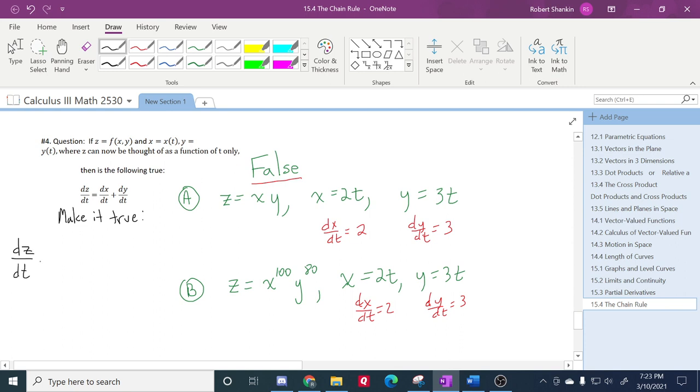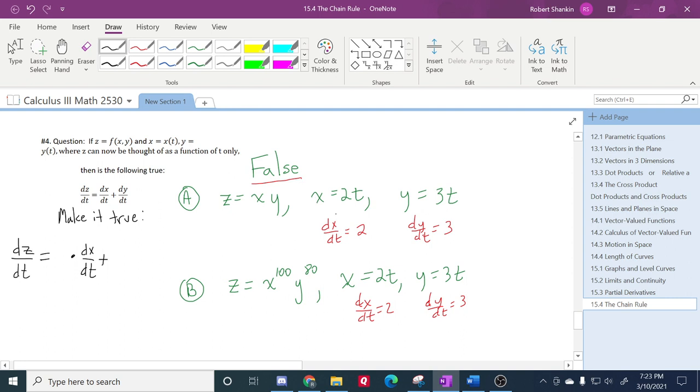Now, what would go in front of this dx dt if this were really true? Anybody have any ideas? No.